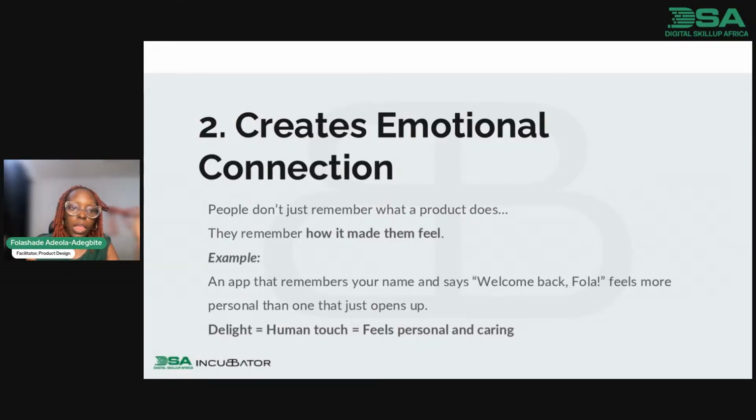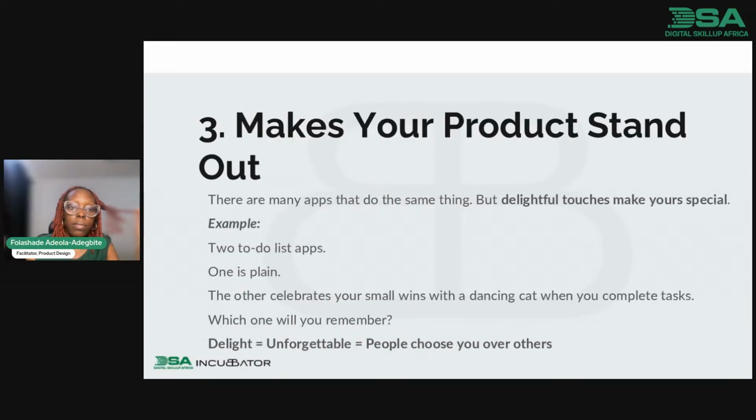So the third thing is that it makes your product stand out. There are many apps that actually do the same thing, but delightful touches make yours special. Example is two to-do list apps.